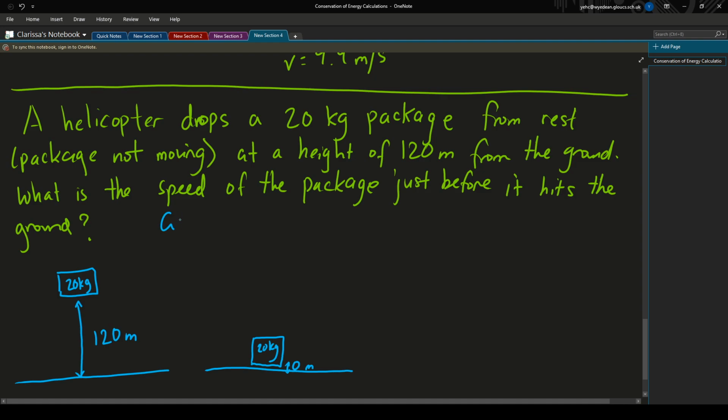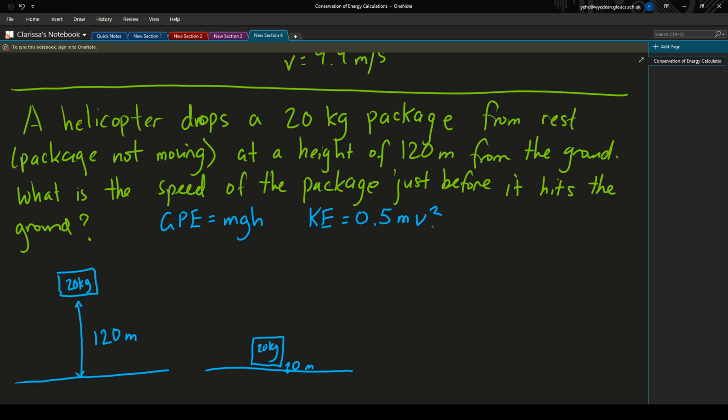So remember our formulas that we need. You're going to have to memorize these, but I'll write them out for you just at the start. And you can use either method. You can either calculate for one and then just use that number for the other one, or you can combine the two equations to make mgh equals mv squared.